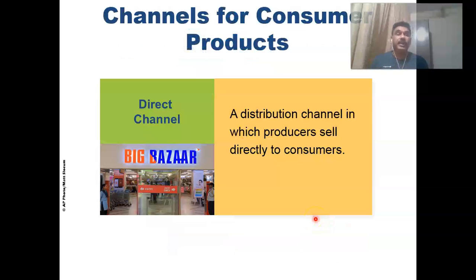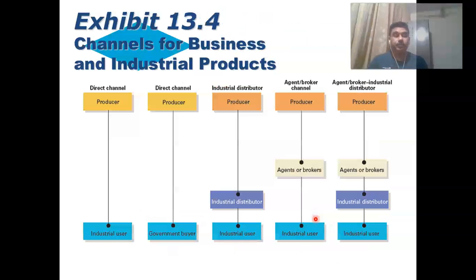Now the next one is industrial products. In the industrial products channel, there are around five specific channels that manufacturers are using for the sale of their product.